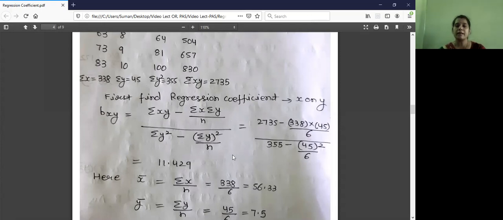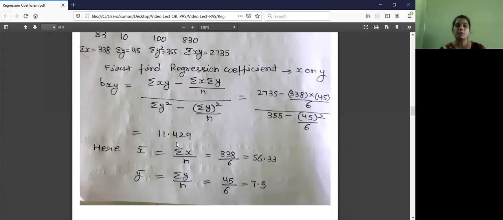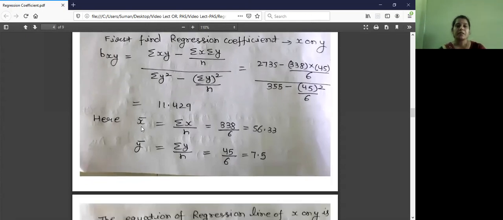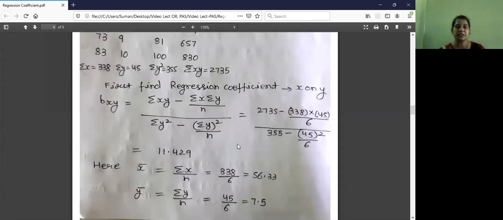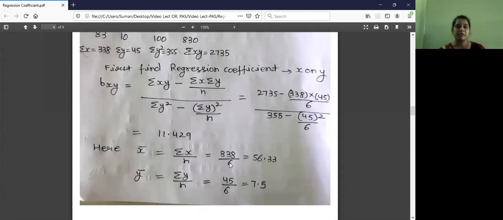Solve these terms and we get 11.429. That means this is our regression coefficient x on y. Here x bar is equal to summation x upon n, that means 338 upon 6. See here, sum of all these values, summation x is equal to 338 divided by the number of terms 6.